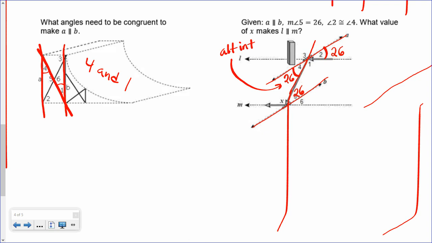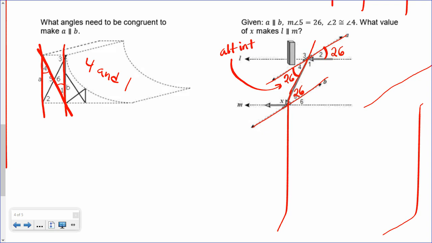Hold on. Listen, guys. I have a straight line right here, don't I? I know what angle 4 is. I know what angle 2 is. But how do I find angle 1? All of these should add up to 180. So what would 1 be? I have two 26s. I need whatever's left to get to 180.